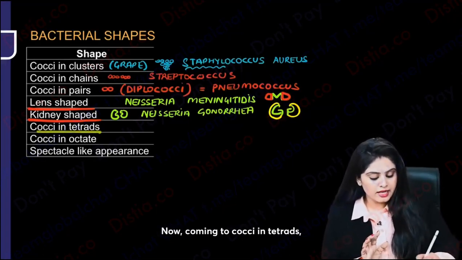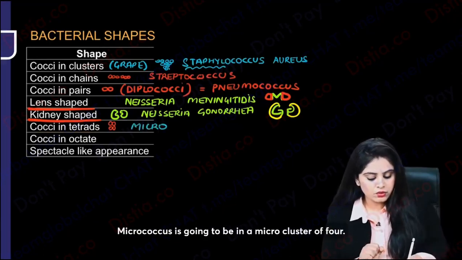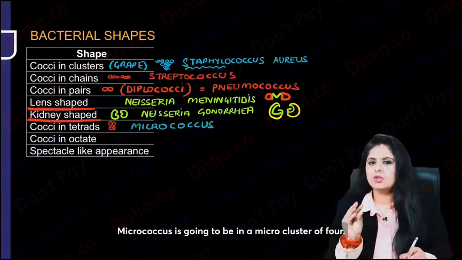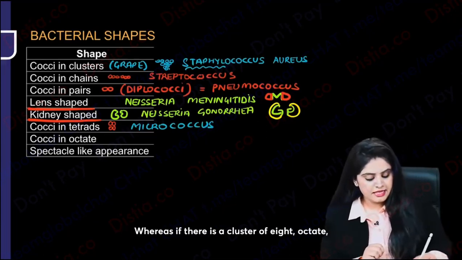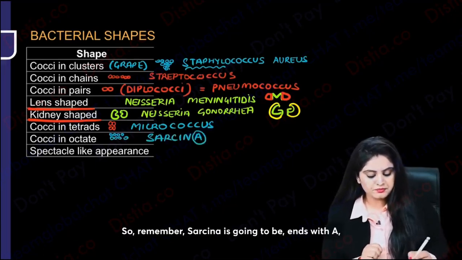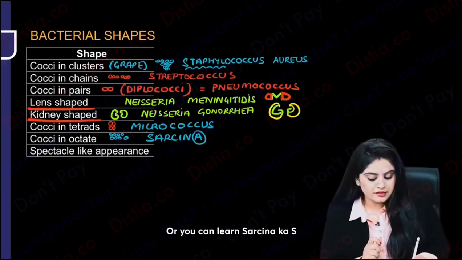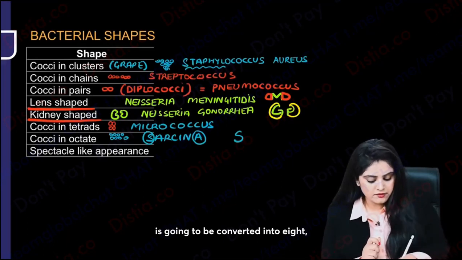Now coming to cocci in tetrads, 1, 2, 3, 4, and that is going to be micrococcus. Micrococcus is going to be in a micro cluster of 4. Whereas if there is a cluster of 8, octate, that is known as Sarcina. So remember, Sarcina ends with A, so Sarcina is going to be 8, or you can learn Sarcina's S is going to be converted into 8.